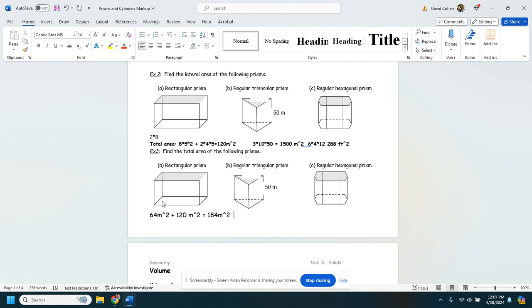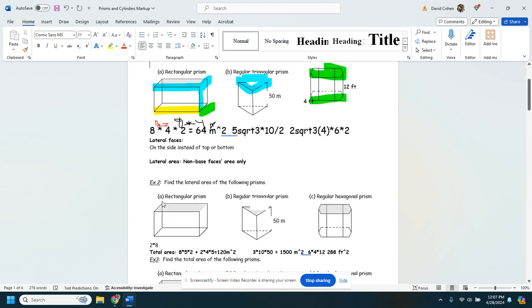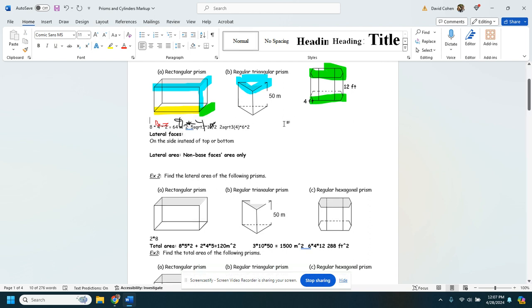For our regular triangular prism, we're adding the original 10 times 10 over 2, which was 2 times 10 times 10 all over 2.